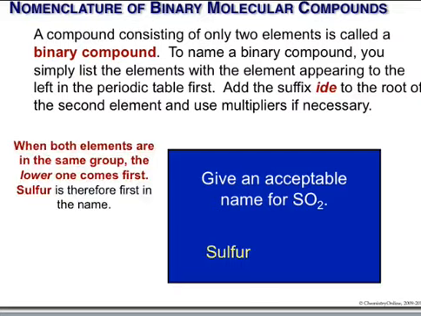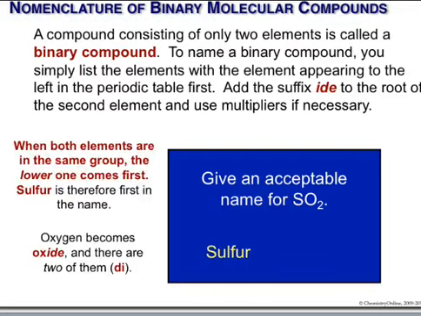We don't use mono. This is going to be oxygen. It's going to be oxide. And we have 2 of them. What's our multiplier for 2? It's di. Sulfur dioxide.